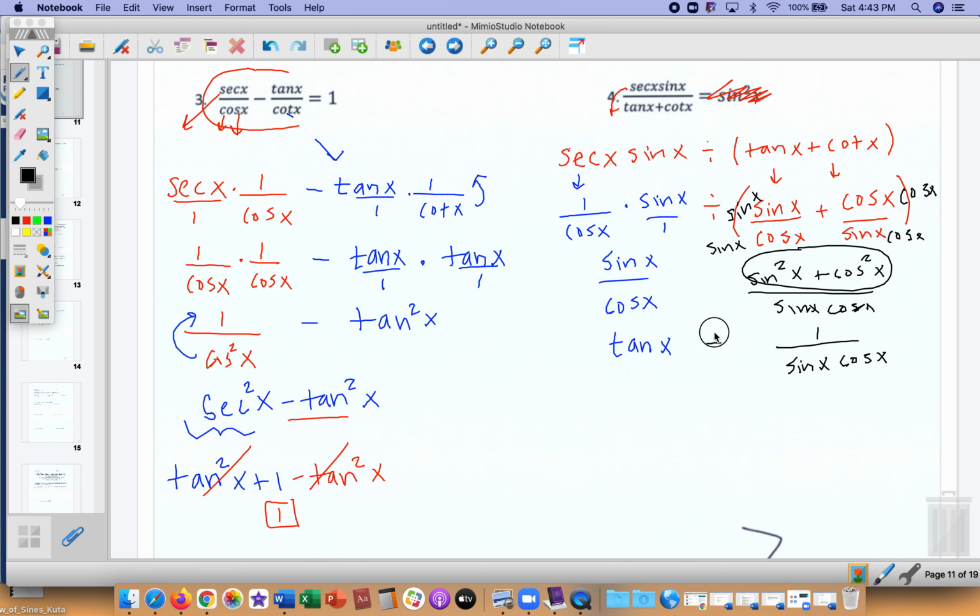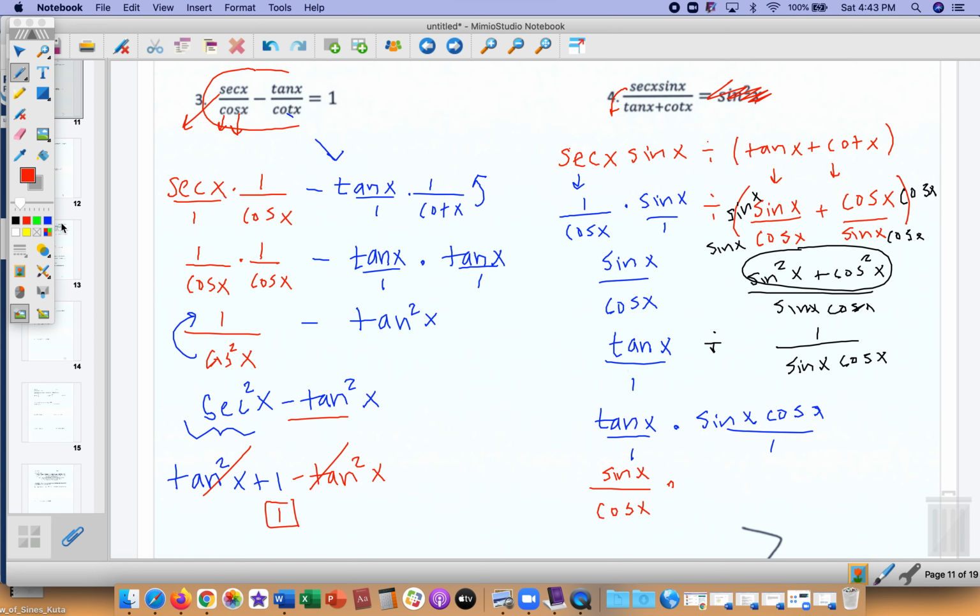So here we have divided by. And we can put tan x over 1. So we have tan x over 1 times sine x cos x over 1. Okay, let's rewrite tan with sine over cos. So we can rewrite tan as sine x over cos x.